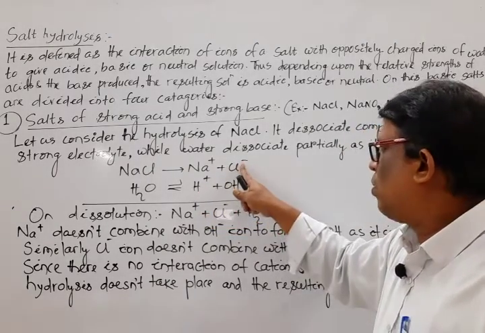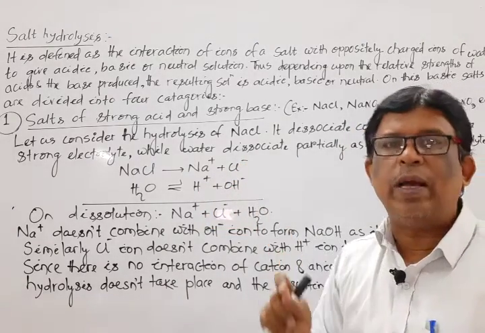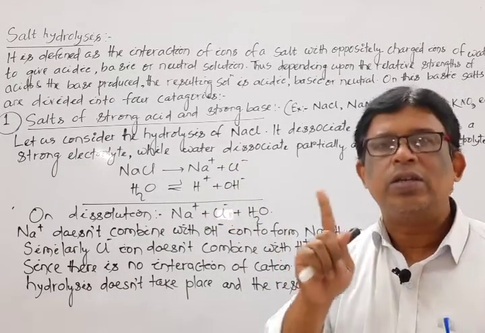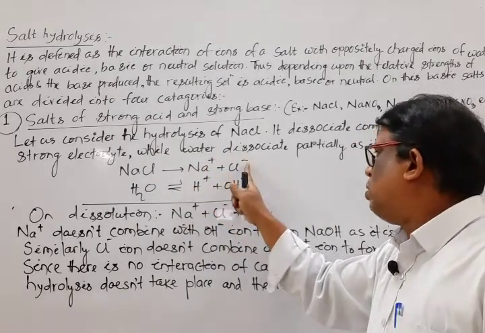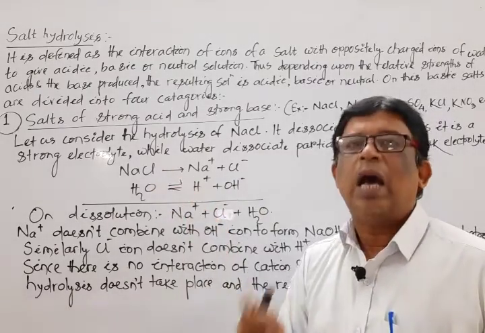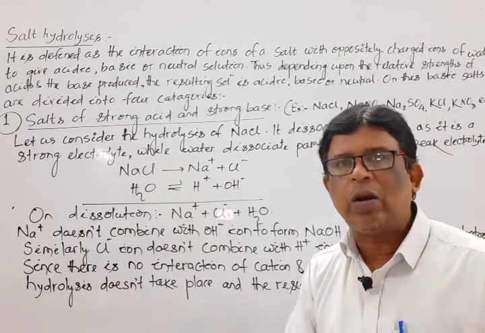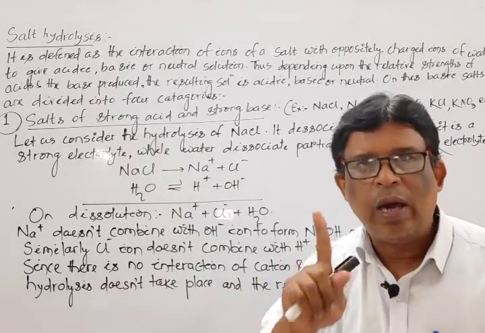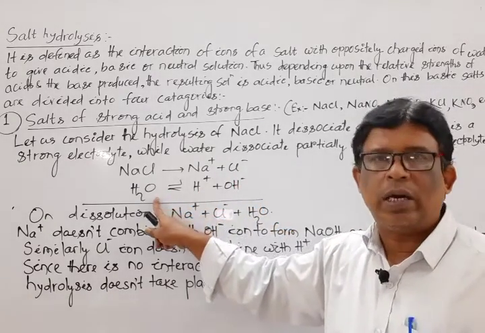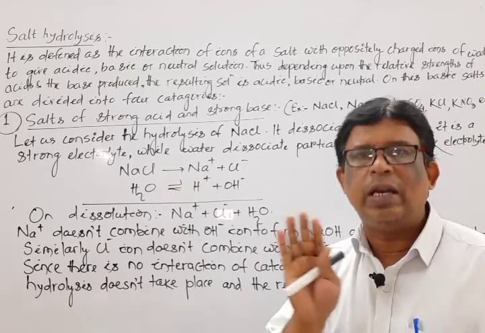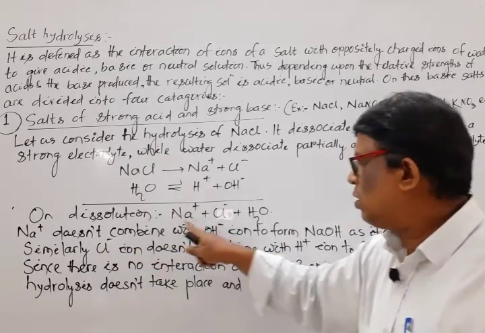Similarly, H+ never combines with Cl- to form HCl because it is a strong acid, a strong electrolyte. Na+ combining with Cl- to form NaCl, as it is a salt and strong electrolyte, also never happens. Only one chance is that H+ combines with OH- to form water, as it is a weak electrolyte, and remains as such.